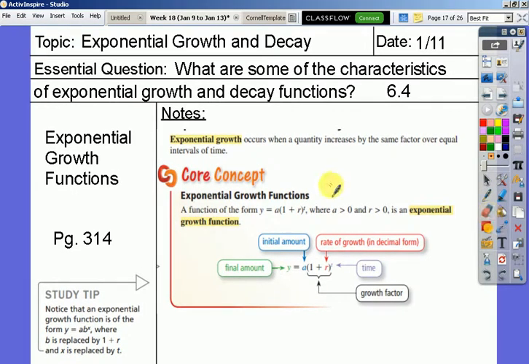We have something going left to right and another going right to left. There's only one of these that fits the qualifications for an exponential growth. Do you think it's this first one or the second one? The first one, okay? Why would it be the first one and not the second one? Yes.